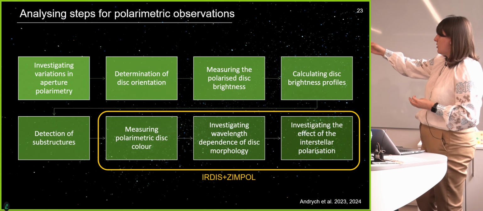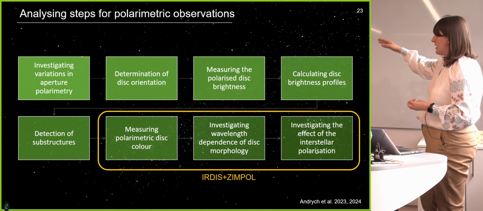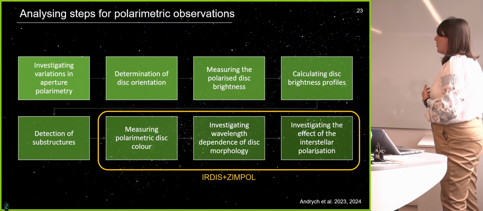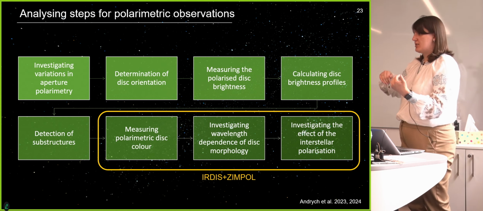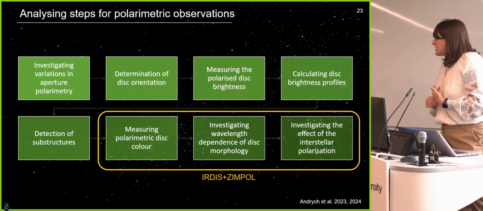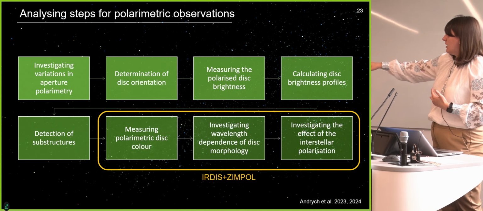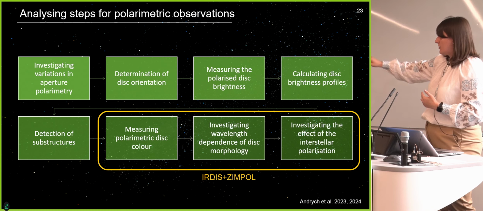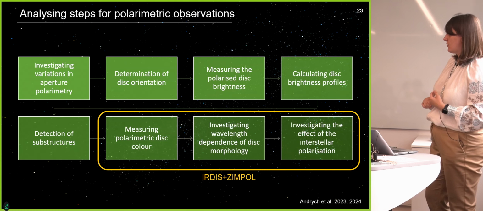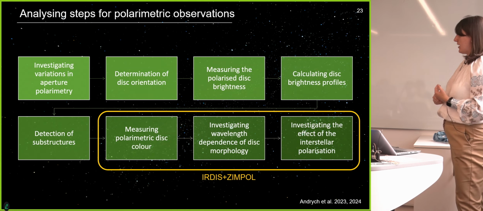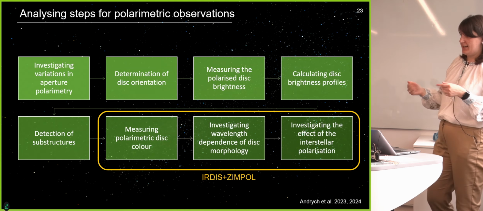We determine the disk orientation, we measure the polarized disk brightness, we calculate profiles for the disk, both radial and along the disk surface, and then we go to confirming the substructures that we see for these disks. Combining observations from both IRDIS and simple camera, we perform multi-wavelength analysis for our data.